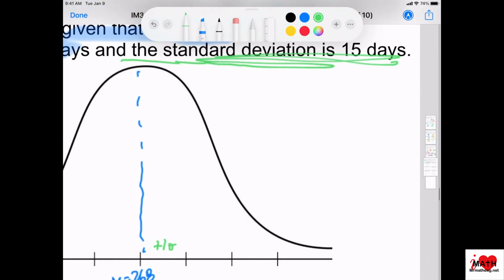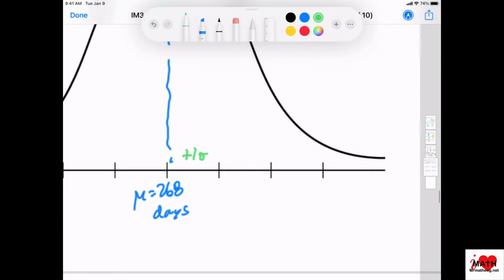So plus 1 standard deviation. In some ways, I want you to think about it like this: if I add 1 standard deviation, or add 15, I will get 283.